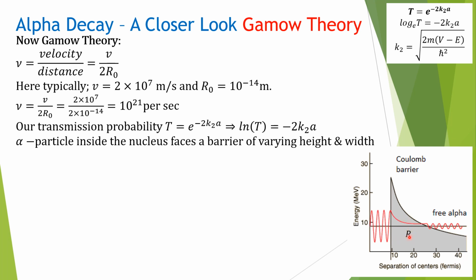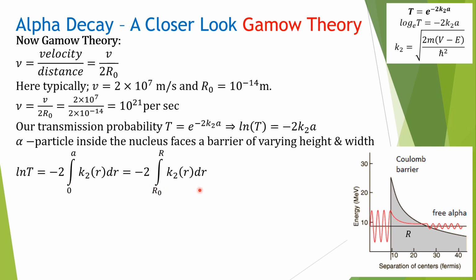So here we are considering log to the base e, ln T equal to minus 2 integration 0 to capital A, 0 to small a, k2(r) dr, where we are rolling our potential over the width and it is changing, it is not constant, and the variable introduced is r in place of thickness, integration k2 function of r dr over the width.